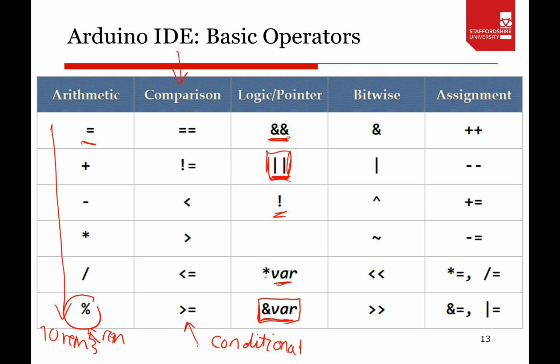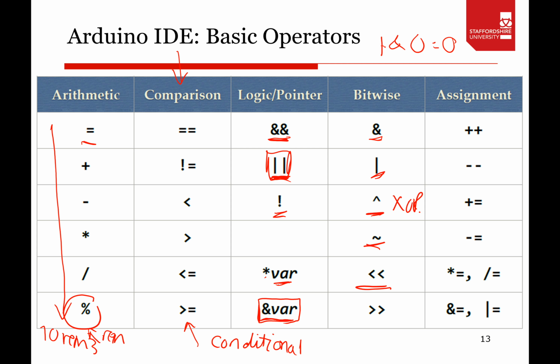A single ampersand is a bitwise and, so 1 and 0 equals 0. A single pipe would be a bitwise OR. This is an exclusive OR. The tilde, or the small sinusoidal waveform, is a not.